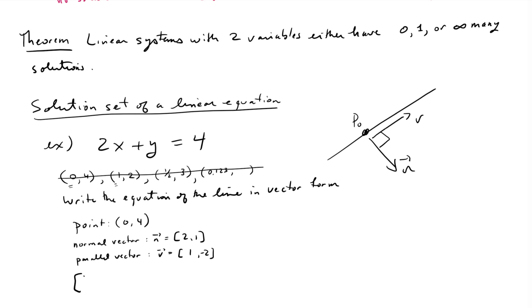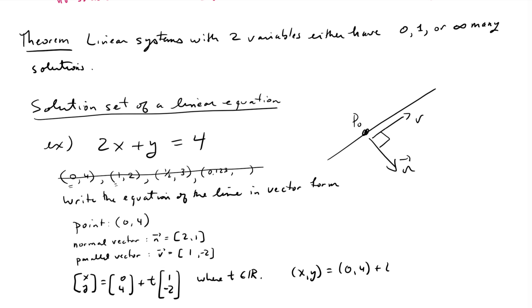And this way I can write down what the equation of the line is in vector form. It's going to be (x, y) equals (0, 4) plus some multiple, t times maybe (1, -2), where t is a real number. I could also write it like that, (0, 4) plus t (1, -2).